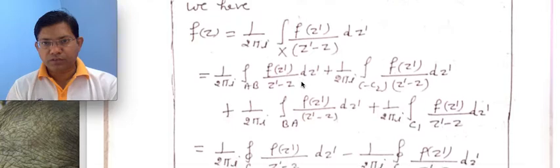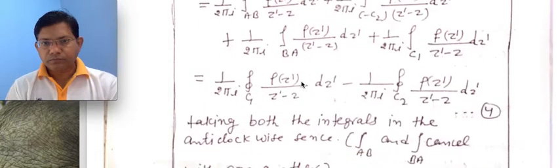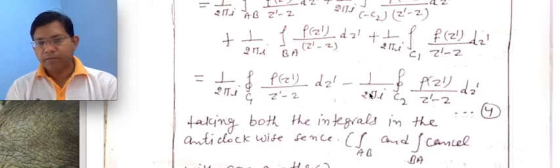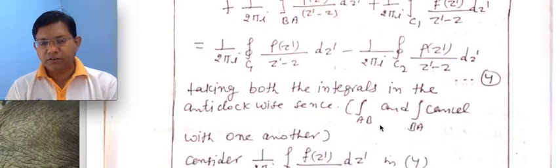The first one is 1 upon 2πi integral over C1 f(z') upon (z' - z) dz' minus 1 upon 2πi integral over C2 f(z') upon (z' - z) dz'. This is our equation number 4. Taking both the integrals in the anti-clockwise sense, as already I told you, जैसा कि मैं आपको पहले बता चुका हूँ कि इंटीग्रल AB और BA cancel out to each other.